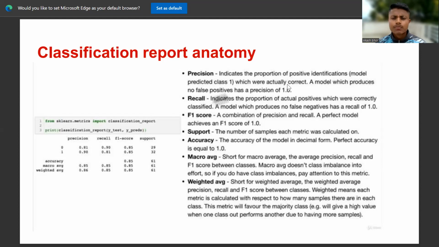Weighted average is the weighted average precision, recall, and F1 score between classes. Weighted means each metric is calculated with respect to how many samples there are in each class. This metric will favor the majority class, and will give a high value when one class outperforms another due to having more samples.